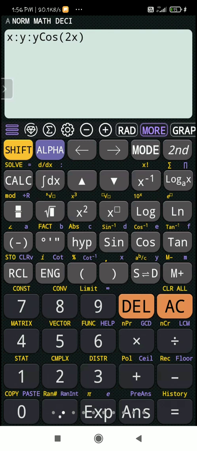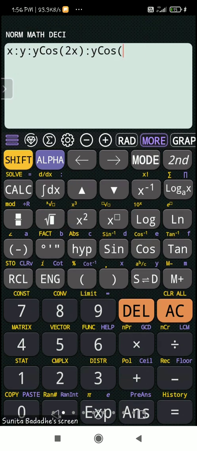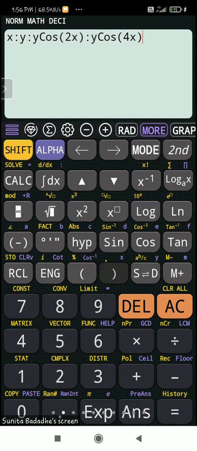Again press alpha and colon. Then it will depend on which calculator you are using, so just search for the key where it is. Then alpha y, then cos and 4x you want. So 4 and x means alpha x, and then complete the bracket.